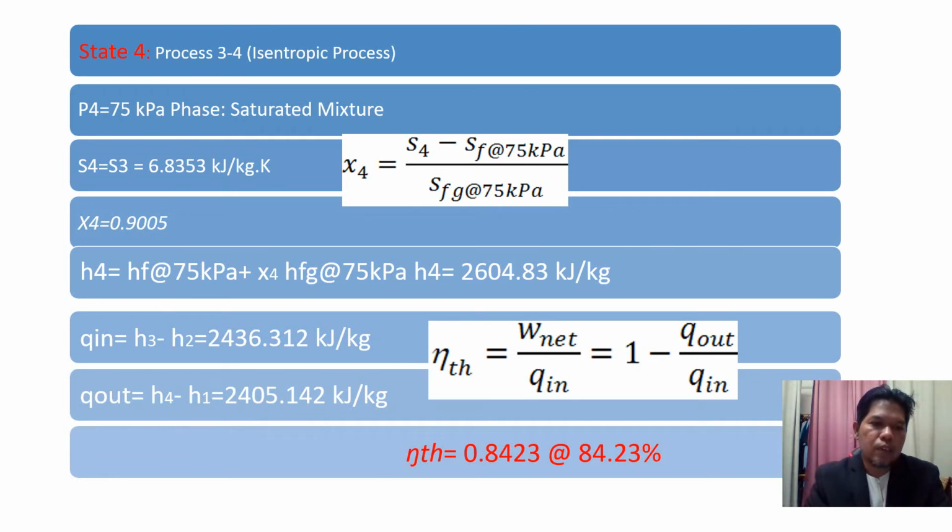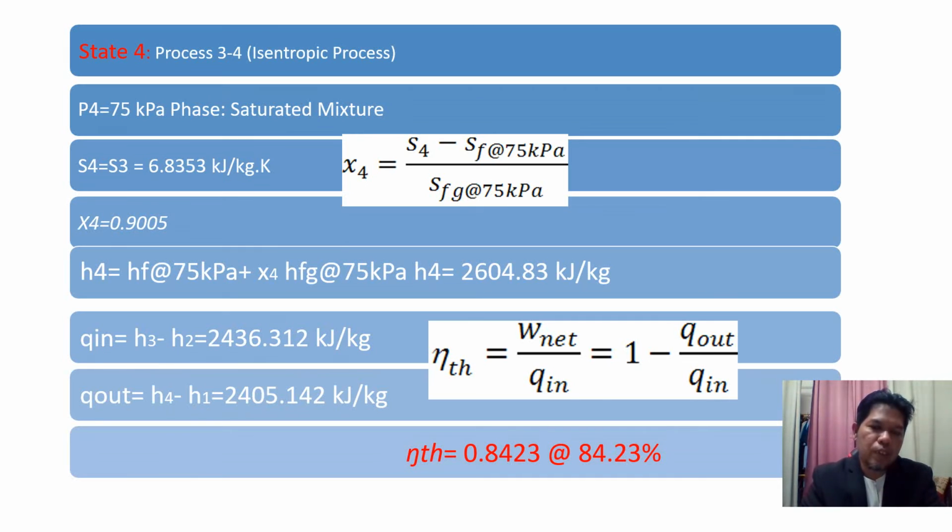To get x4, we use the formula x4 = (s3 minus sf at 75 kilopascal) divided by sfg at 75 kilopascal, and to get enthalpy for state 4 we use hf at 75 kilopascal plus x4 multiplied by hfg at 75 kilopascal.